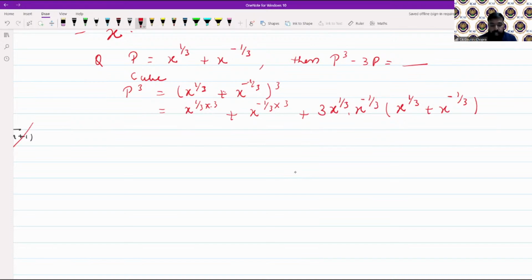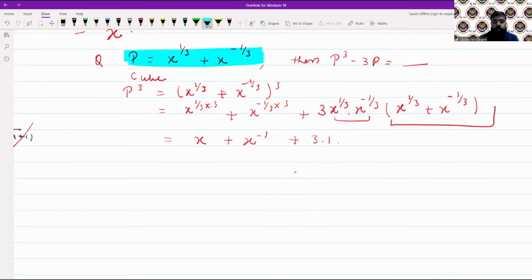Now this can be written as x, the 3 and 3 got cancelled, plus x to the power of minus 1, plus the powers got cancelled, so 3 into 1, and this complete bracket can be written as p because this was the given value of p. So we can write it as p.